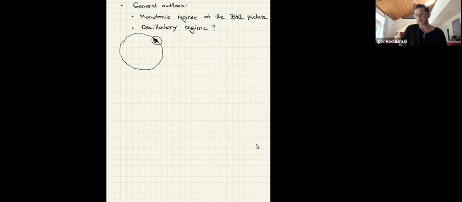In the oscillatory regime, the picture is expected to be quite different. Again, you take a Kasner exponent, and you start in the neighborhood of this Kasner exponent. And what this tells you is that the solution is expected to be a chain of heteroclinic orbits connecting different Kasner solutions. And so that chain will look like this. The solution will start near this Kasner exponent.